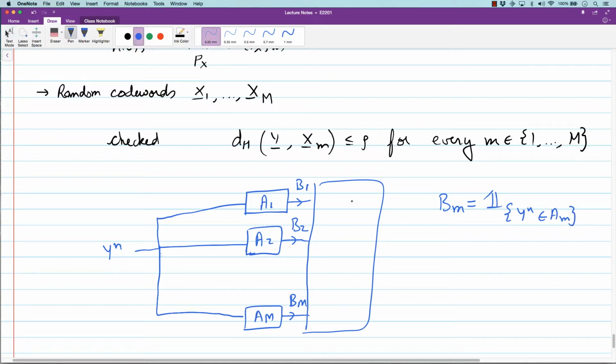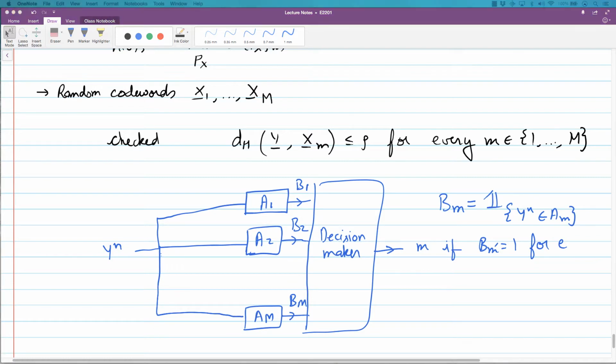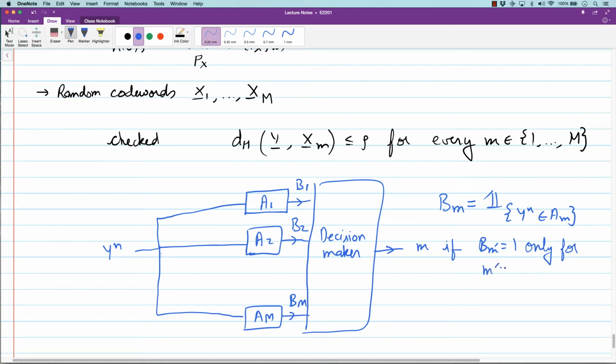Then the decision maker looks at all the bits and declares the message m if bm' equals 1 only for m' equal to m and for nothing else.